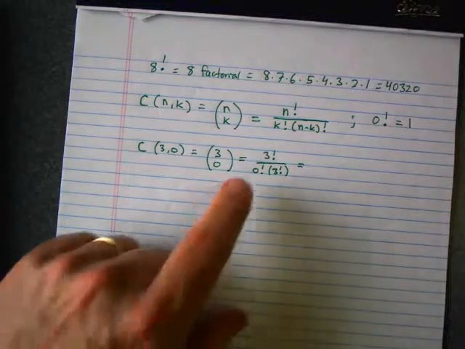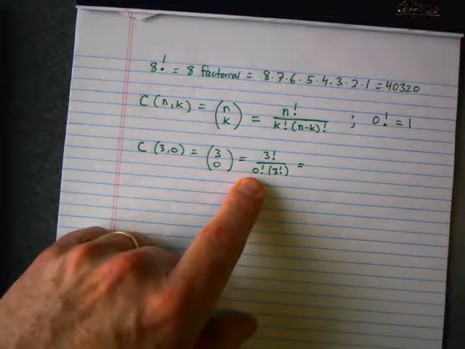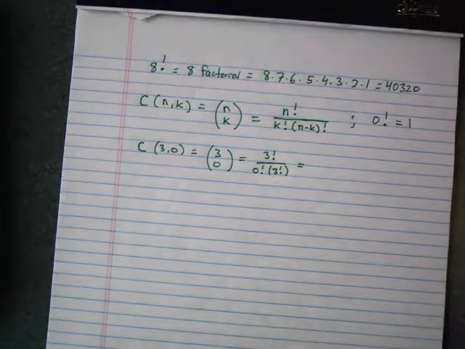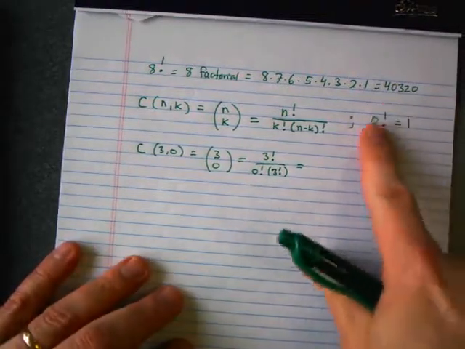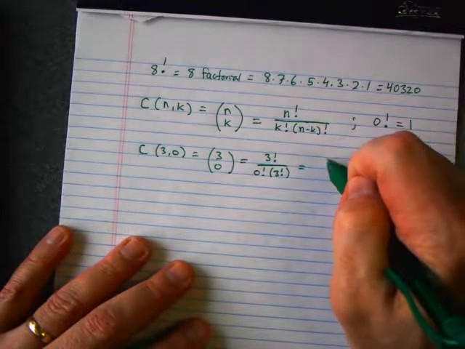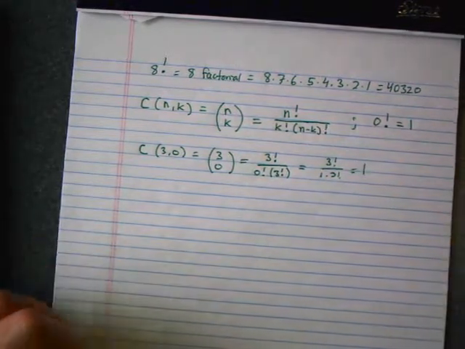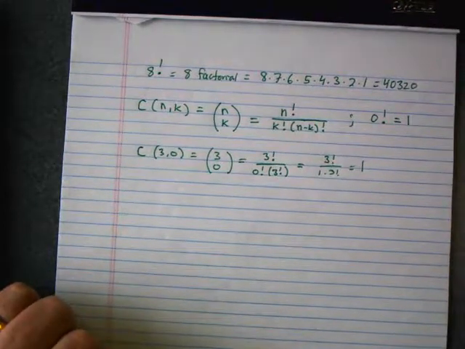I don't want to be dividing by 0 here. That would be bad. What happens when you divide by 0? Your paper bursts into flames. Yes, that. We don't want it to be 0. It can be a 1. Well, it's defined that way to make these formulas work. So that happens to be the number 1, doesn't it? 3 factorial divided by 3 factorial, that's the number 1.